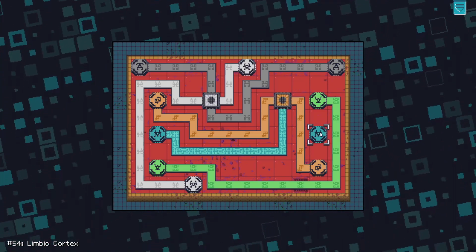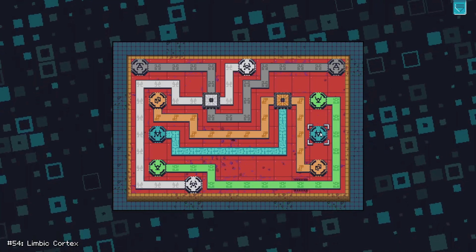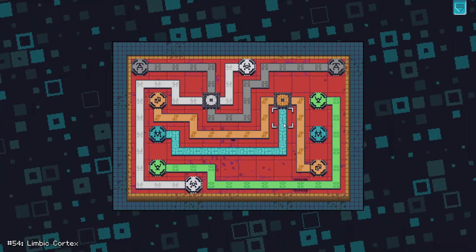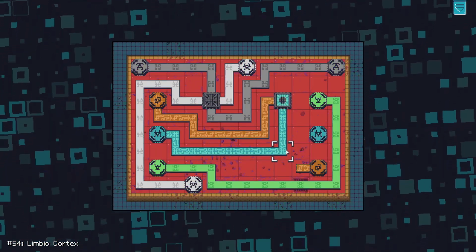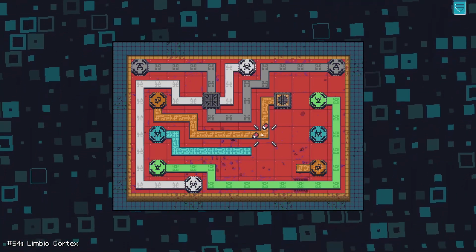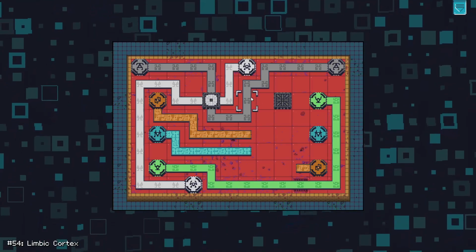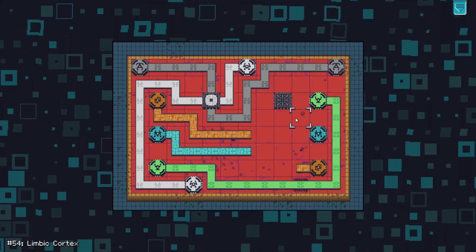cyanish blue needs a way to connect together. Is there any way orange could occupy the vertical portion of that and cyan could take the horizontal? Not with the amount of space I have open here, but maybe I can do something about that.